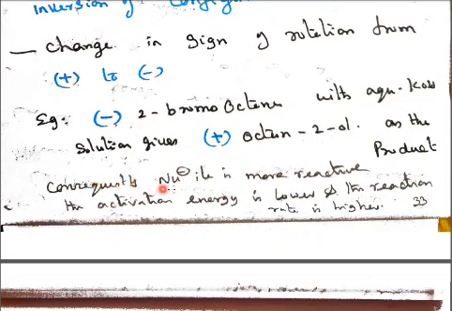Consequently, the nucleophile is more reactive and has very low activation energy. If the activation energy is less, the rate of the reaction is greater, because you might have studied this in first year, in the surface chemistry lesson, where activation energy and collision energy are given. In the Arrhenius equation, k equals A e to the power minus Ea by RT.